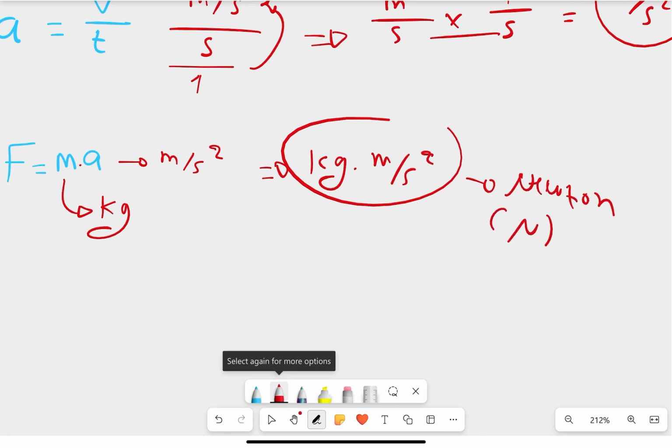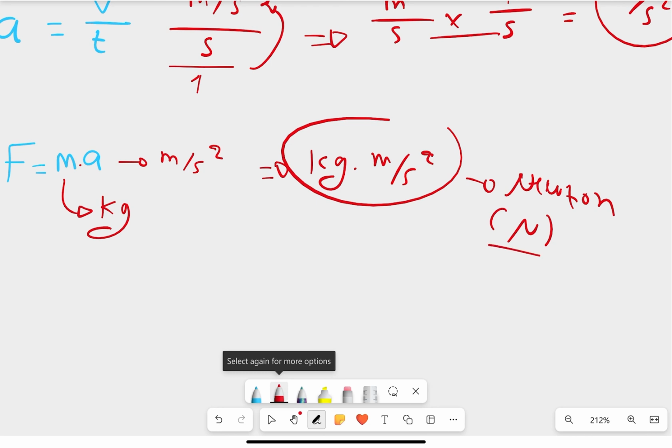So if in the exam your teacher asks you to prove the unit of Newton or to prove the unit of force, you will be using this equation. Okay, F is equal to ma. Then you'll say mass is measured in kilogram, acceleration is measured in meters per second squared. Okay, then you'll get the final unit, which is Newton.